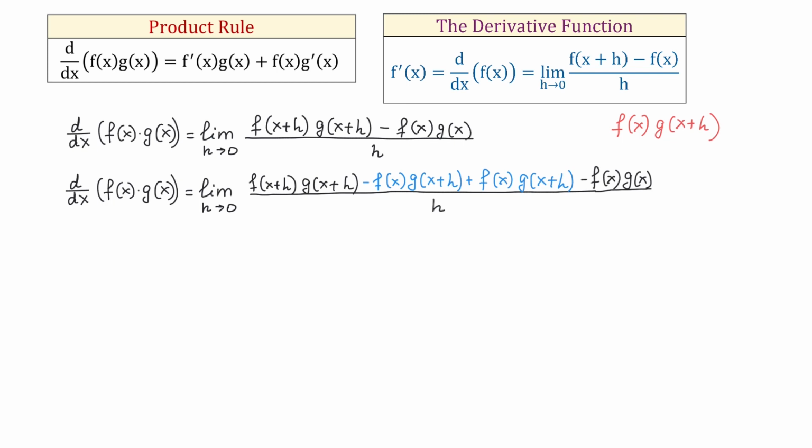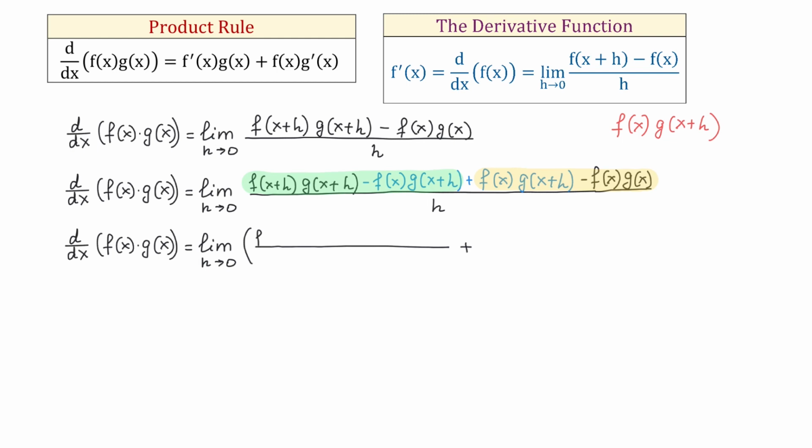In the next step, we will split this fraction into two fractions, where the first will have this numerator and the second will have this numerator. So then here we have the limit, and we will create two fractions.